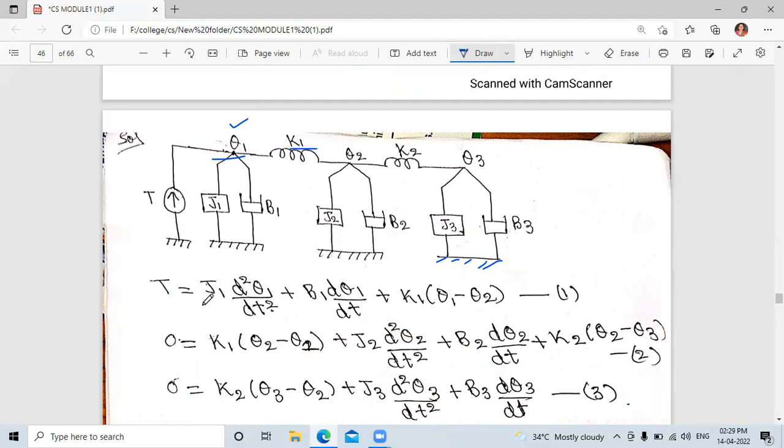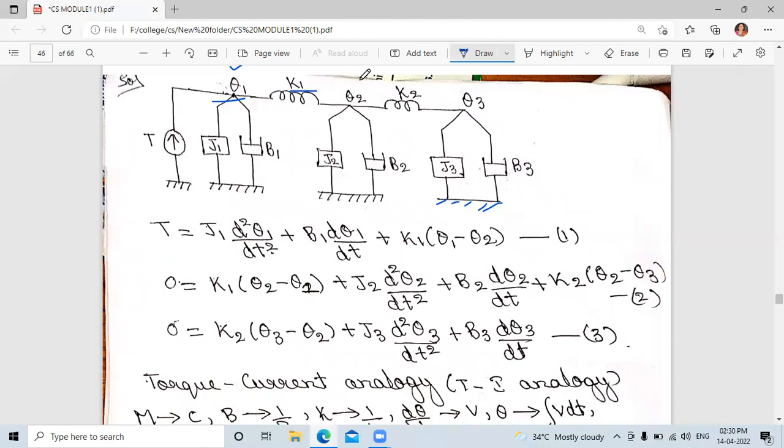So J1 d²theta1/dt² plus B1 dtheta1/dt plus K1. For K1, what you will write? Theta 1 minus theta 2, because it is in between two nodes, that is theta 1 and theta 2.